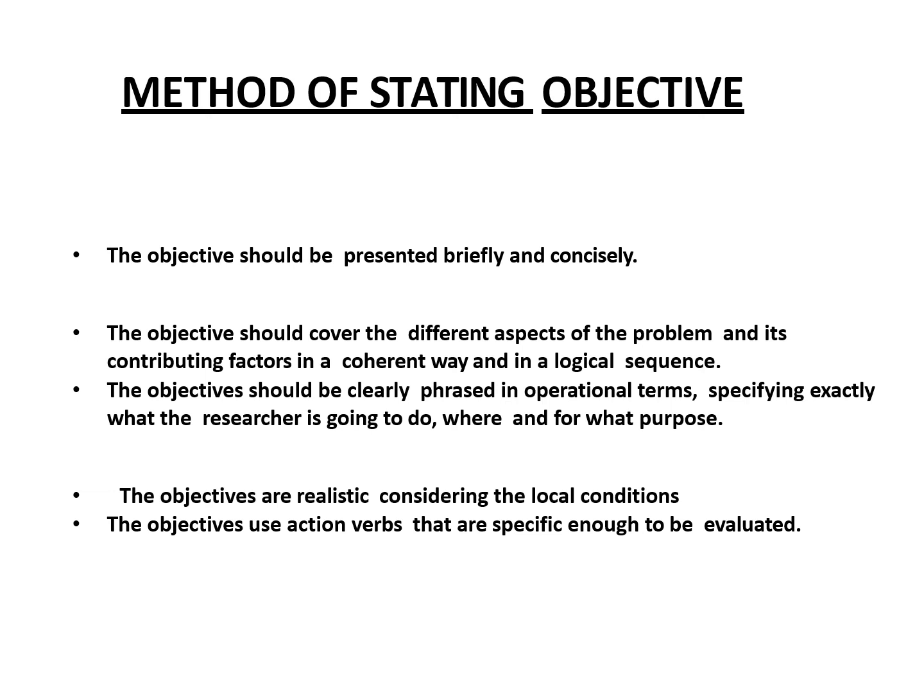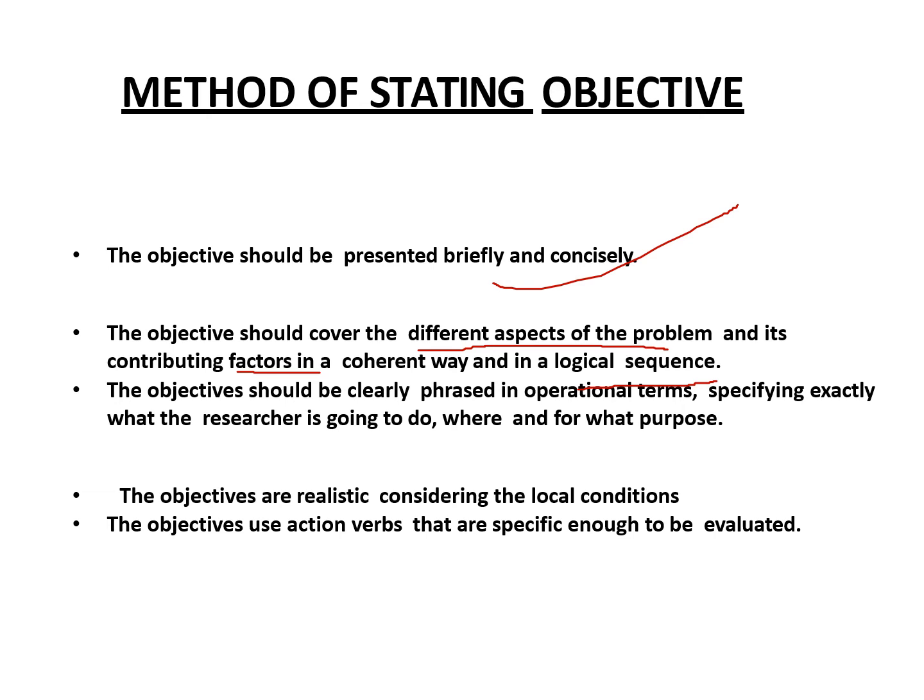And next is the method of stating the objectives. How do we state the objectives? First, the objectives should be presented briefly and concisely. Next, they should cover the different aspects of the problem and each contributing factor in logical sequence.